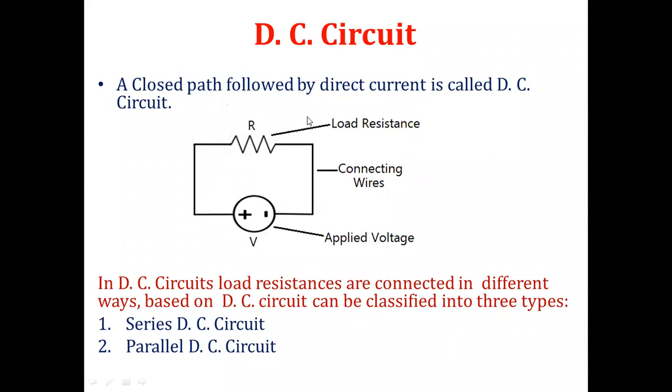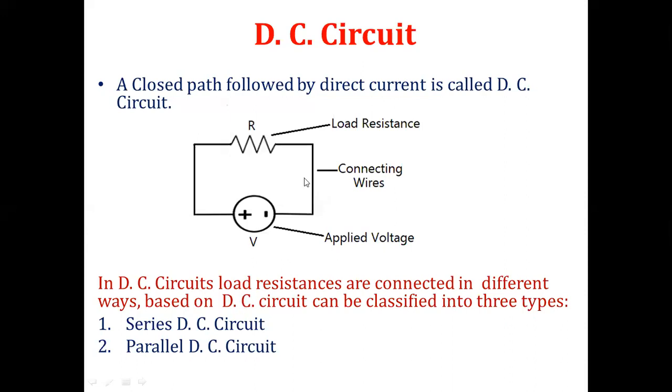Based on how we are connecting this resistance, this is only one load resistance. If two or more resistances are there, they are connected in series or parallel. Based on that, we are going to tell the different ways of connection.